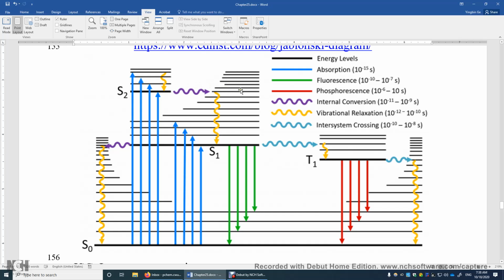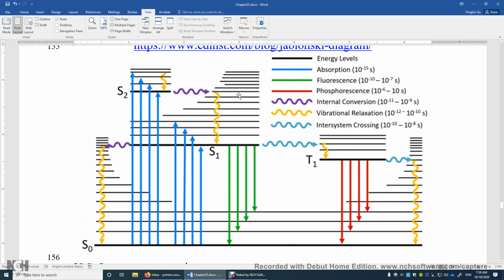Over here, this is the vibrational excited state. So 0, 1, 2, 3, 4, 5, 6, 7, 8. The vibrational quantum number is 8. So you can see the vibrational quantum number changes from 0 to 8. The electronic quantum number changes from 2 to 1, from S2 to S1.